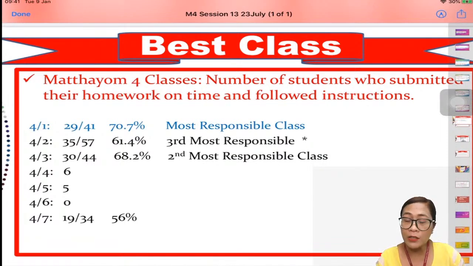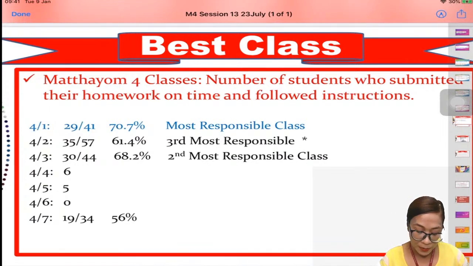So for 4/3, 68%, second most responsible class. So again, I'll clap my hands to 4/1, 4/2, and 4/3.